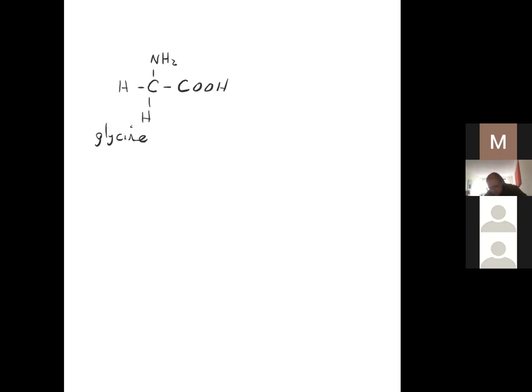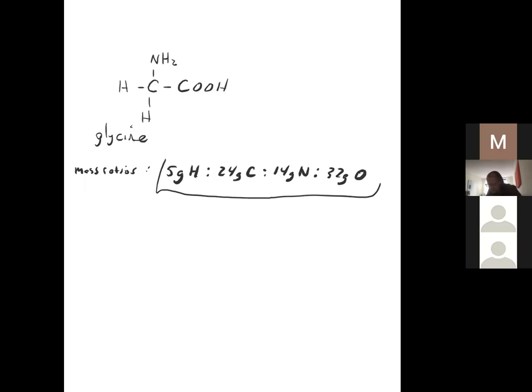So if you were to look at the mass ratio, what you would find is that it's 5 grams of hydrogen for every, let's do the carbon next, 24 grams of carbon, C for carbon. And then for every 14 grams of nitrogen, for every 32 grams of oxygen, okay?